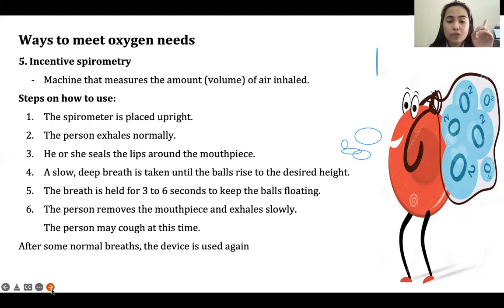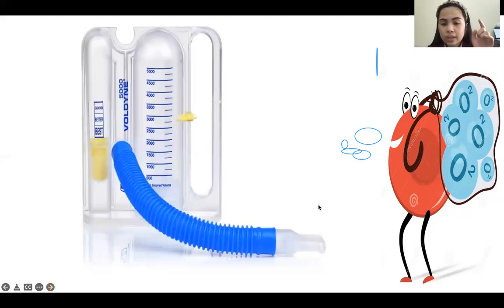How will you use it, guys? In the mouthpiece here, you need to inhale, not exhale. When you inhale, you will notice that the ball on the left side, the yellow part, will go up.